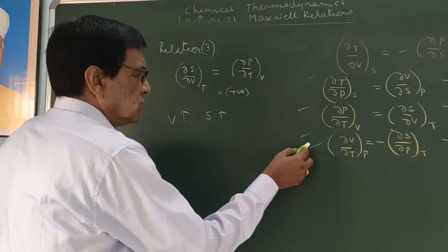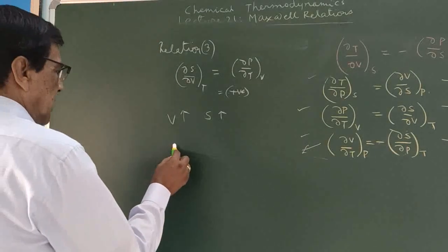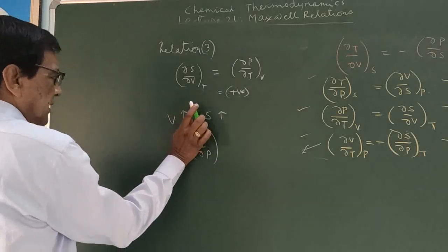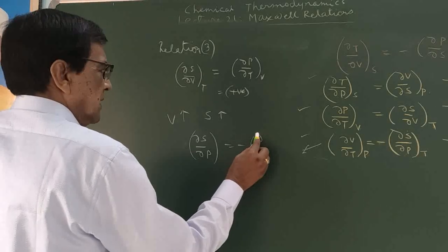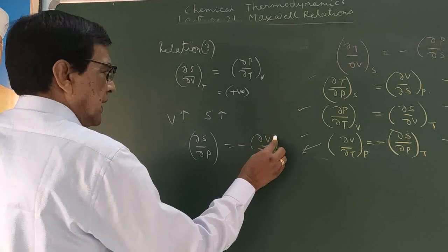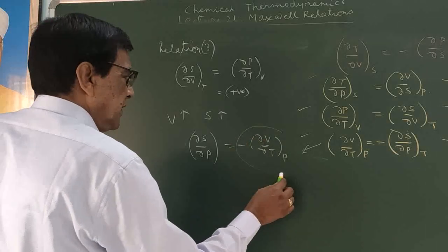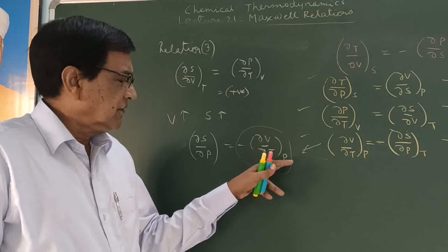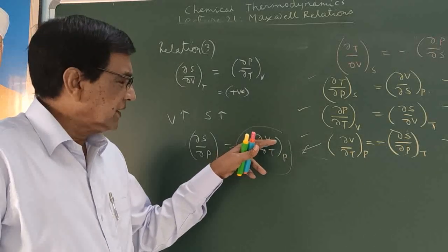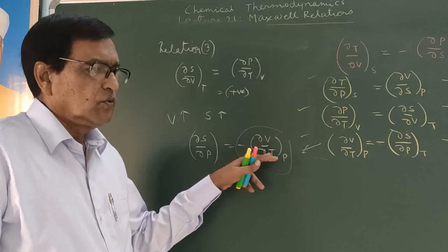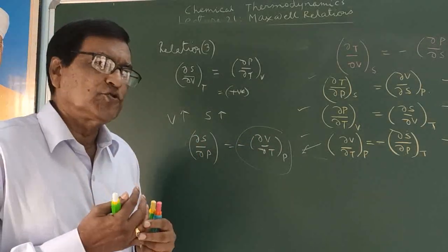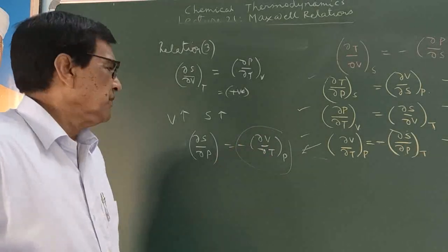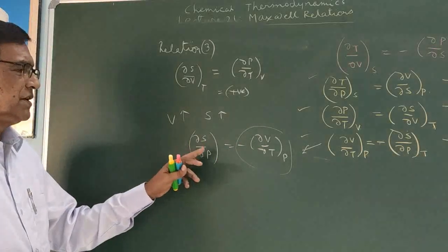And from this one I can also refer to minus del S by del P equals minus del V by del T at a constant pressure. This one could also be determined experimentally, keeping the pressure constant for a gas and increasing volume with a rise in 1 degree temperature. Or if we have a suitable equation for that gas, then we can calculate this value, which will give the pressure dependency of entropy.